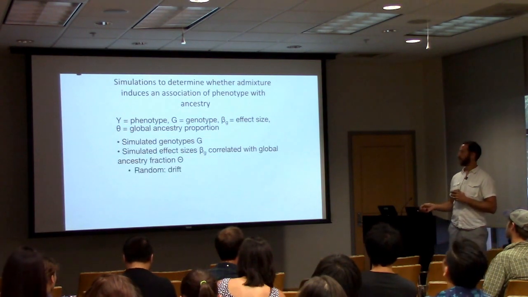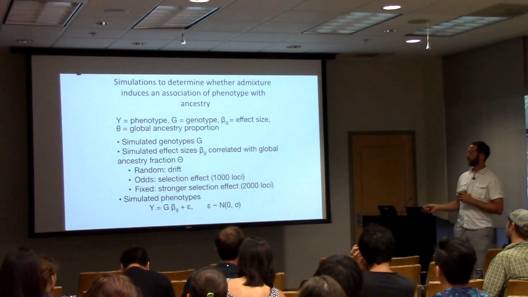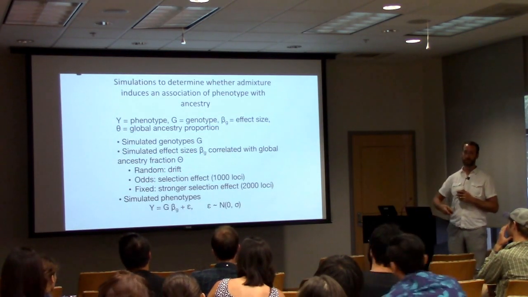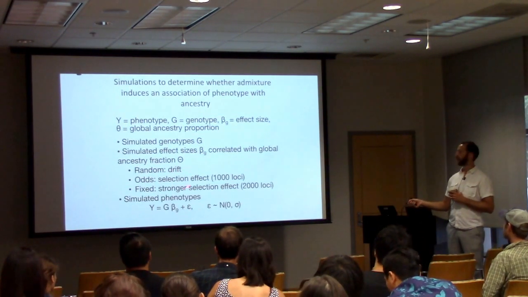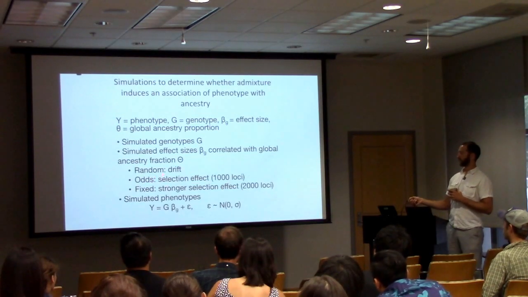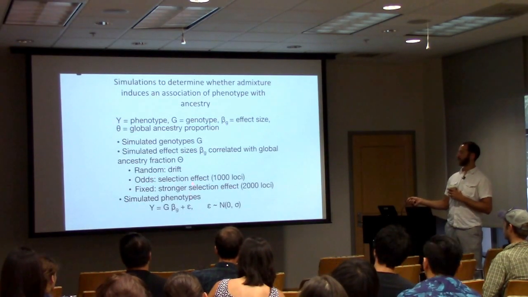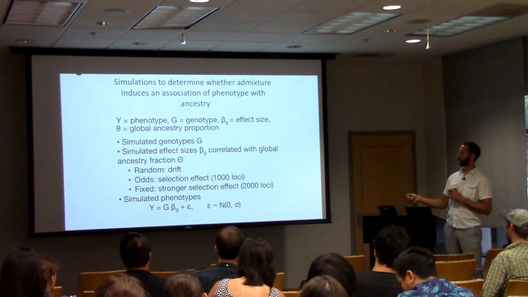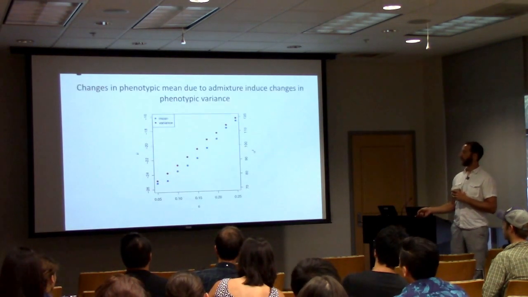So we have 3 different strategies for choosing betas. One that's completely random, so this is going to have no population structure. One odds and fixed, and these are just different ways to induce a genetic basis for correlations between theta and y.